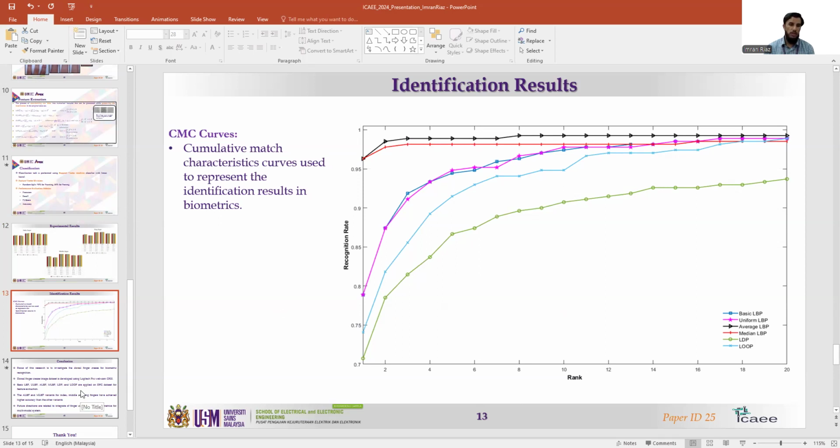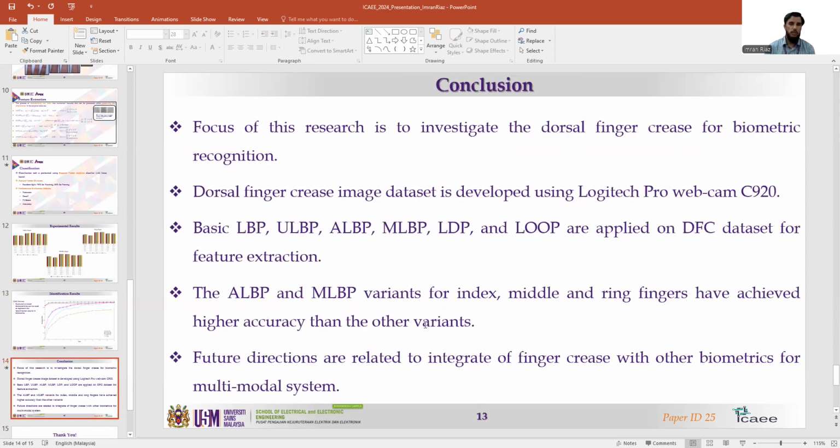So from all these results, what is the point which we can conclude? That further research on the dorsal finger crease for biometric recognition may be carried out, and this dorsal finger crease can be used as an independent biometric modality for those cases where fingerprint or the inner surface biometric traits are not recognizable.